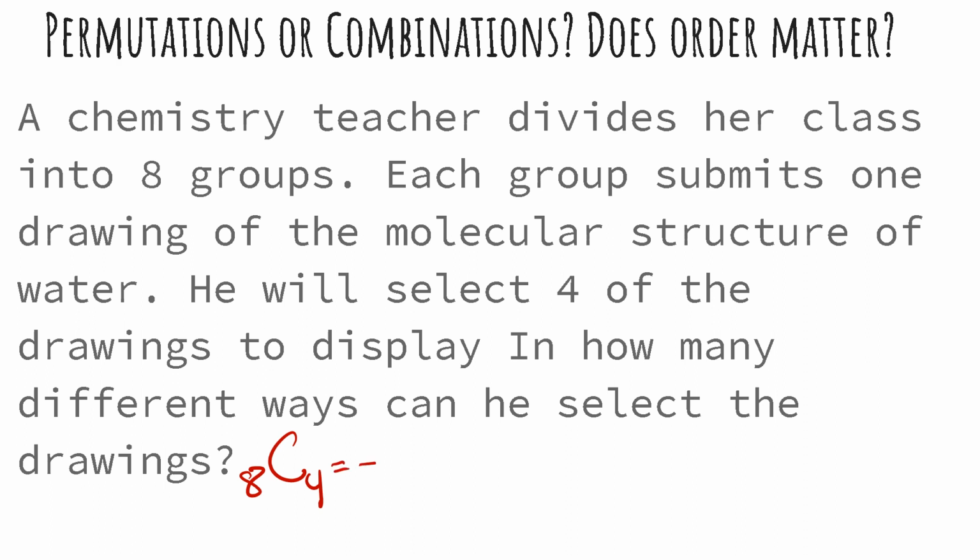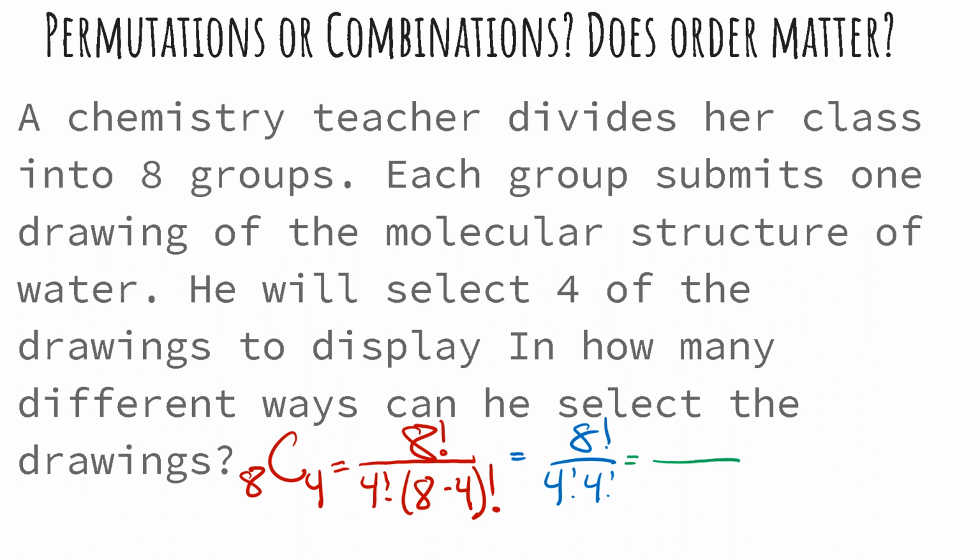So we want to do N factorial, so 8 factorial. Combination has the extra R factorial on the bottom, so we want 4 factorial, 8 minus 4 factorial. So that'll leave us with 8 factorial over 4 factorial, which would be, they're both 4s, so it doesn't matter which one we cancel.